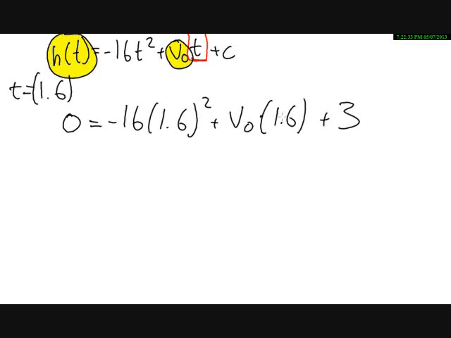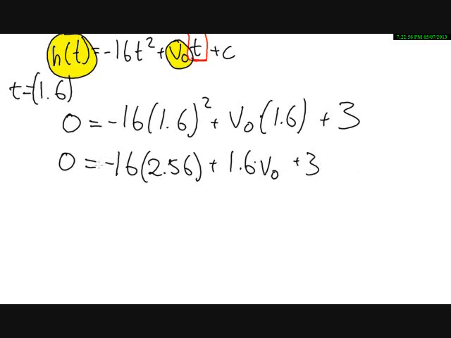Now we have to combine like terms. We have negative 16 times 1.6 squared, which is 2.56, plus 1.6 v sub 0, plus the 3.